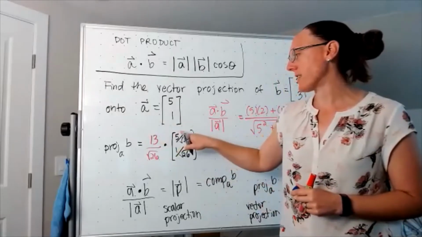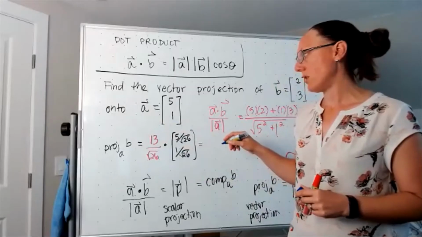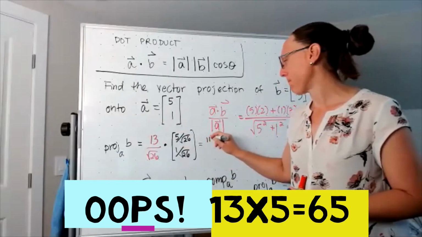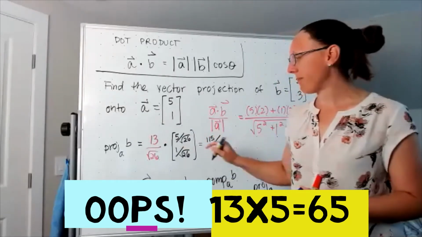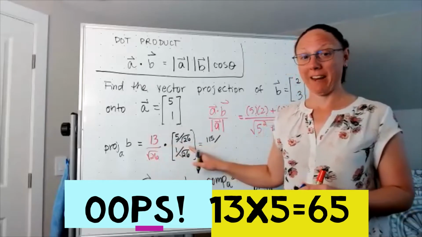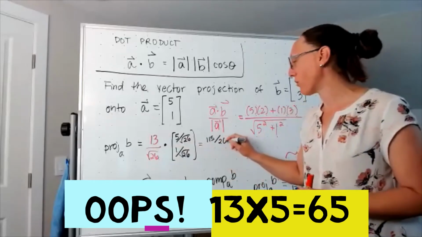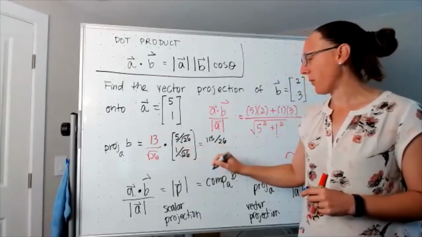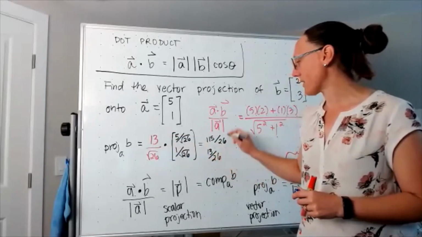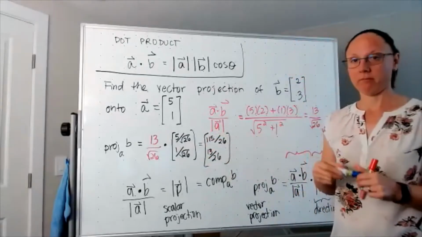So we'd have 13 times 5, 115, divided by, and when I distribute in the square root of 26 on the bottom, and I've already got a square root of 26 on the bottom, that'll just be over 26. And then my second component would be 1 times 13, so 13 over 26. And that would be my vector projection.